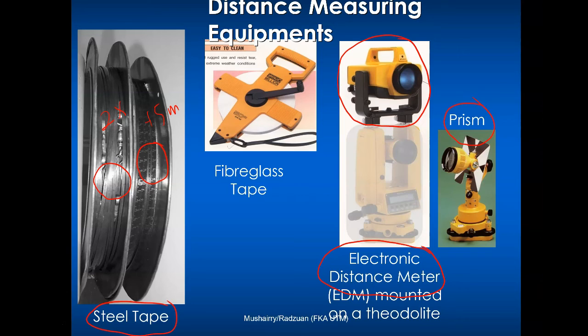So that has to be used together. We'll discuss that in detail in coming slides. But for now, for distance measuring, you can either go the simple way using tapes, or the electronic way using EDMs.